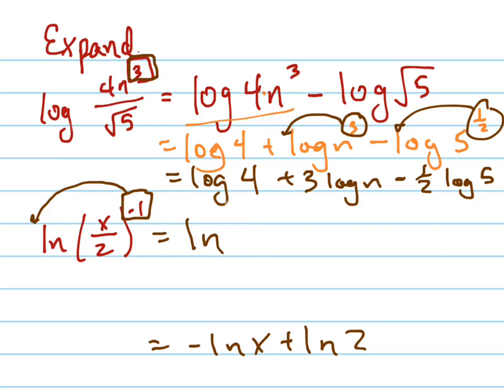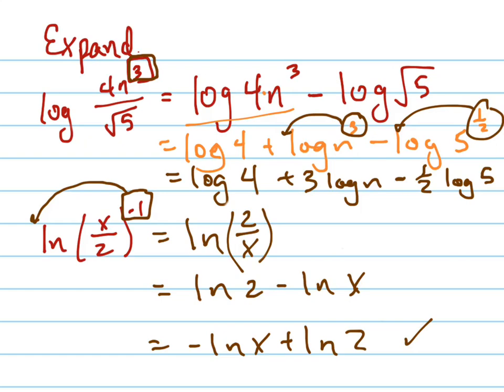If you remember, if you're taking something to the negative first power, that's the same thing as flipping them on the inside. It's the natural log of 2 over x, which equals the natural log of 2 minus the natural log of x, which is the same as what I had down here.